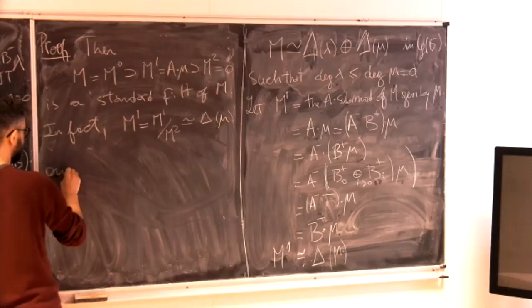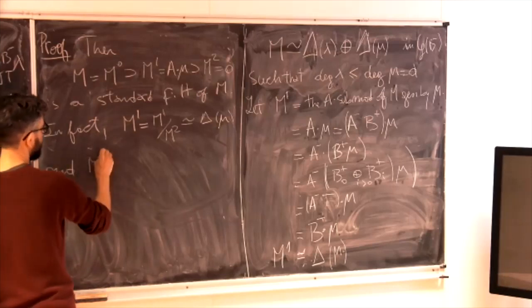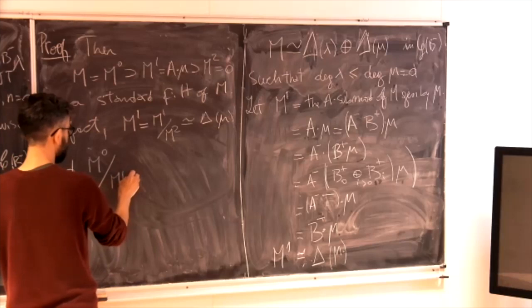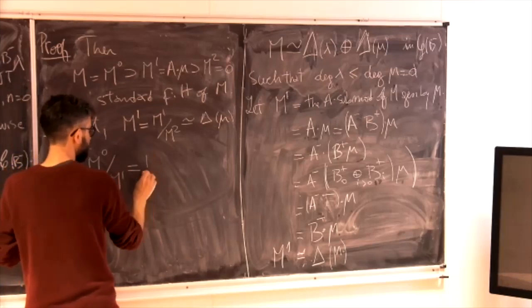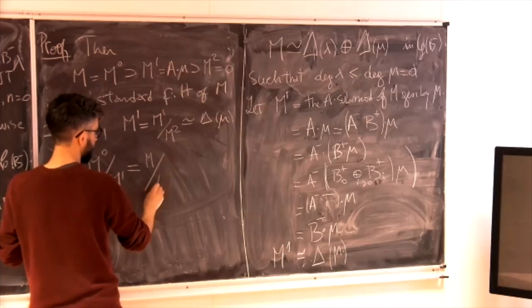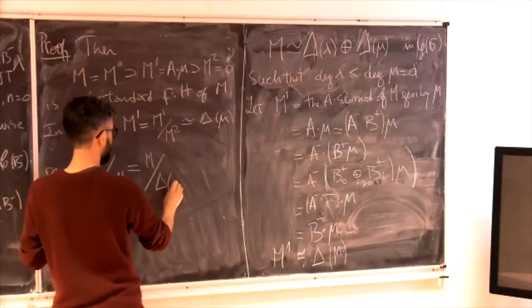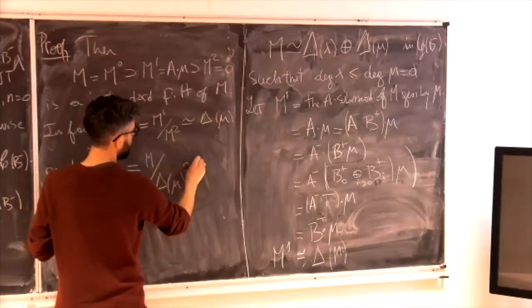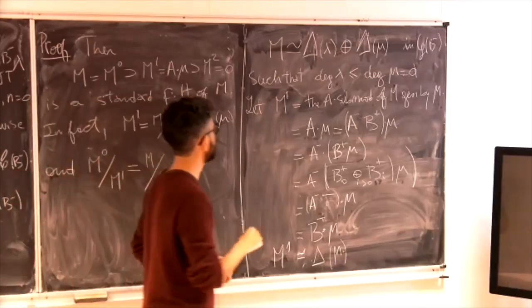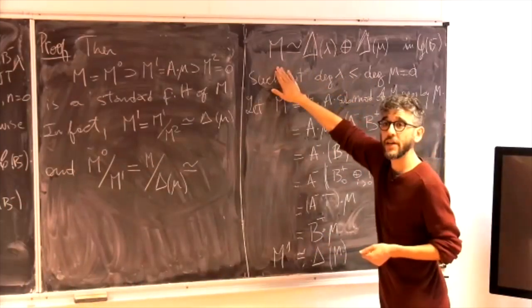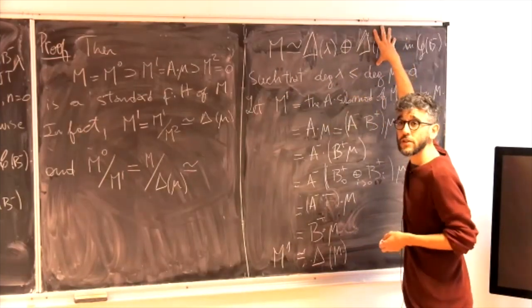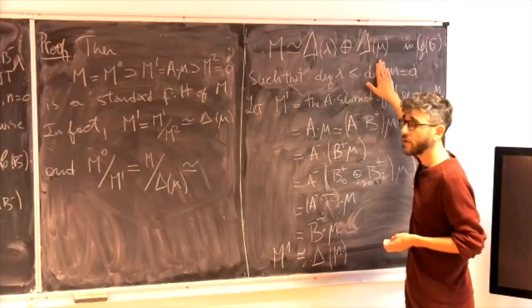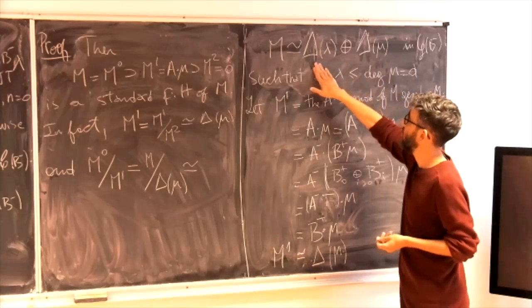And m0 quotient by m1, which is equal to m quotient by m delta mu, is isomorphic to what? As we said, we have that m is a direct sum of delta mu, which is the submodule generated by mu, direct sum delta lambda.